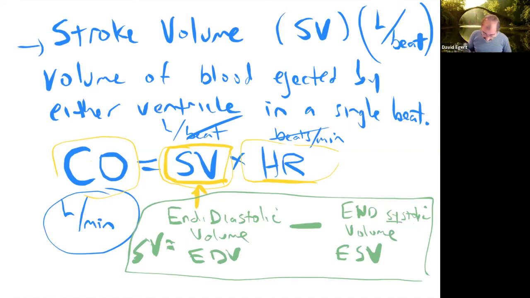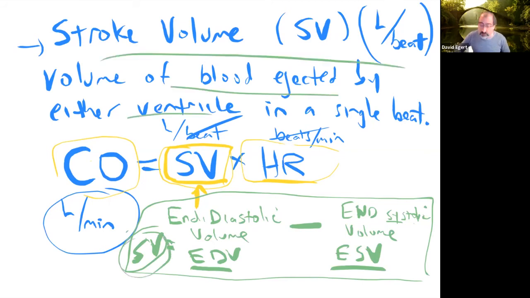So that means the amount that actually was ejected was how much was there when we started to squeeze, minus how much is still left over when we're done squeezing. That difference is the stroke volume. That's the amount that got ejected during that beat. Right? Does that make sense?